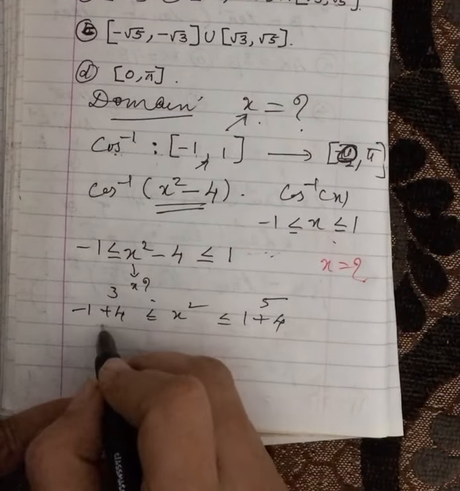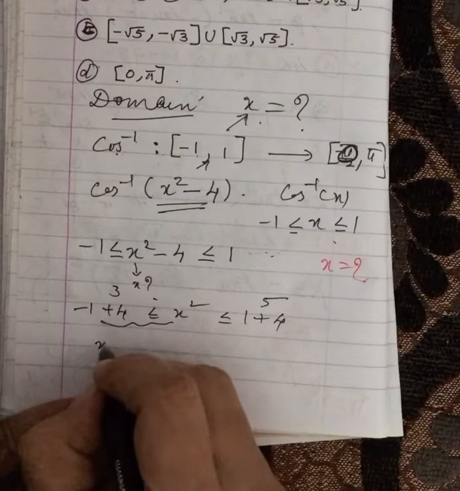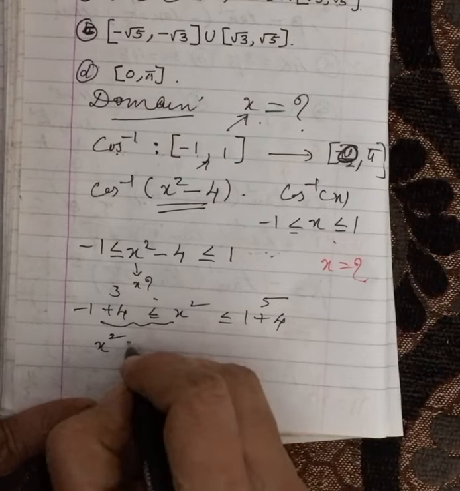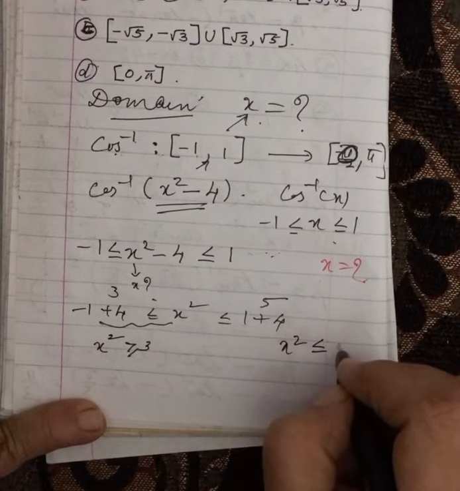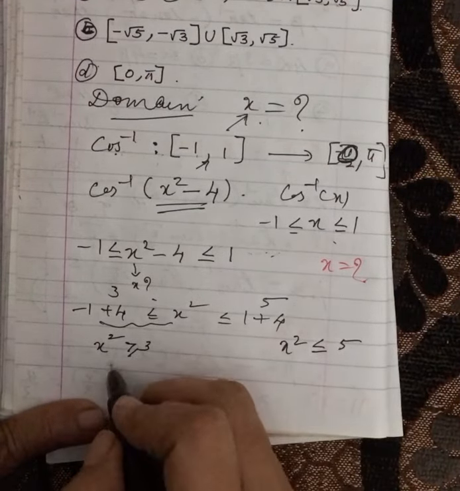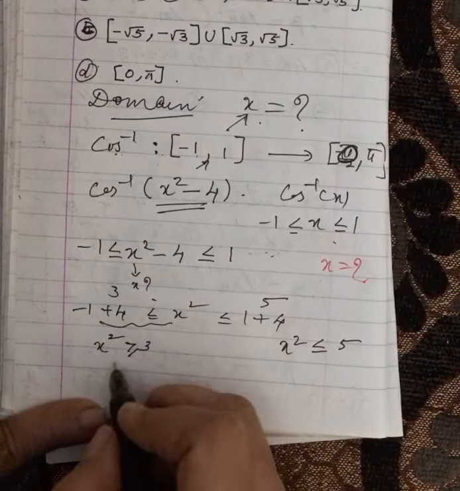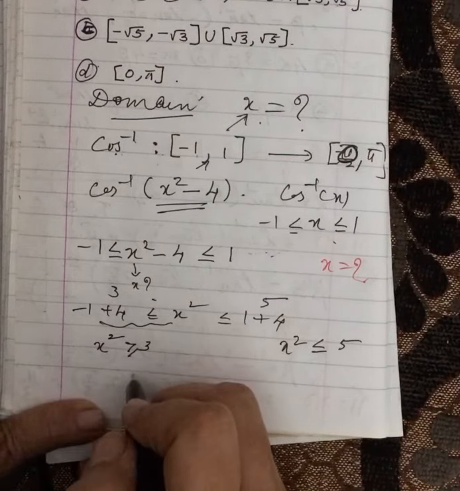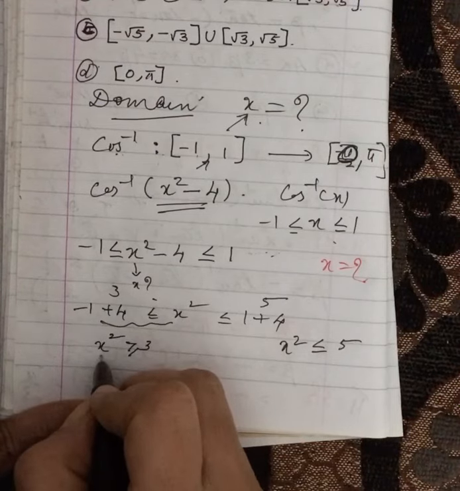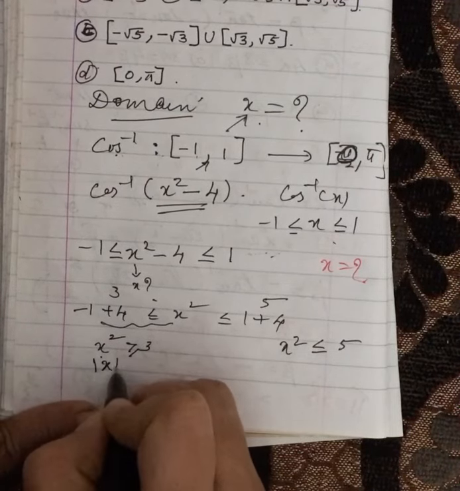Now I consider two inequalities. One is that x square is greater than or equal to 3. Another is that x square is less than or equal to 5. Now when you take the square root in an inequality, you take the positive square root on both sides, and the inequality does not change. So what is the positive square root of x square? It is modulus x.